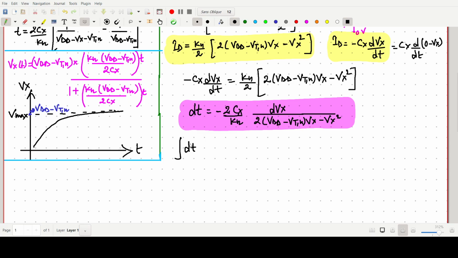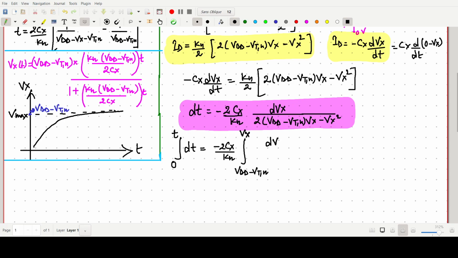Initially we assume that at time t equals 0, so it will vary from 0 to t. On the right hand side, Kn, here Vx is initially assumed to be VDD minus VTN, then it will go up to some voltage Vx.